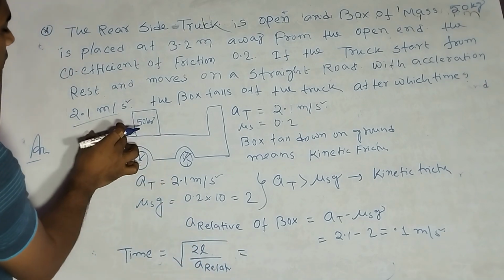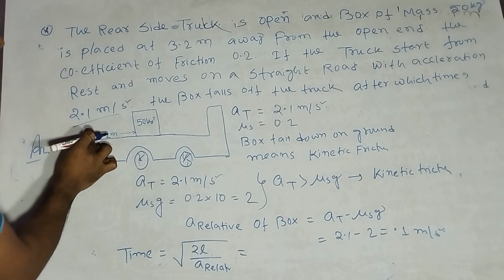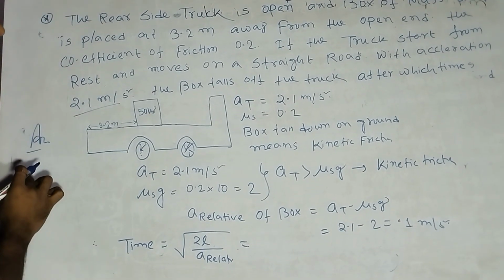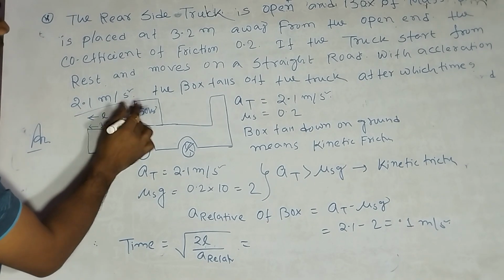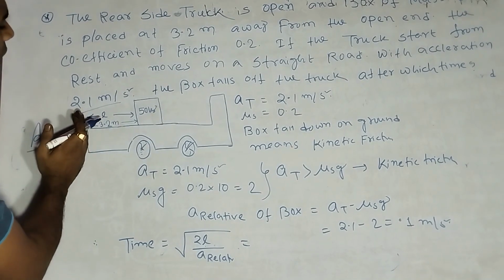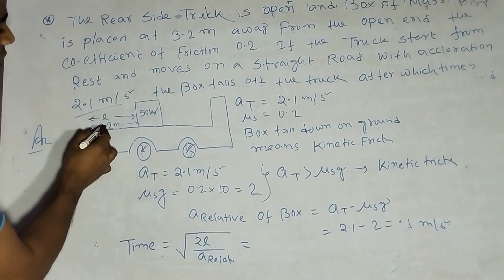What is L? L is the distance of the box from the opening end of the track. This is the L length. The box is present away from the opening end, and our distance is L. This distance is given as 3.2 meter.